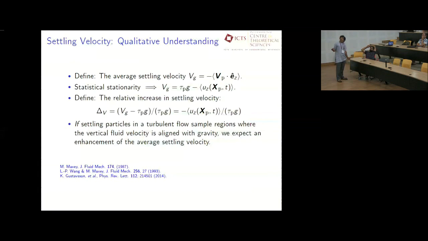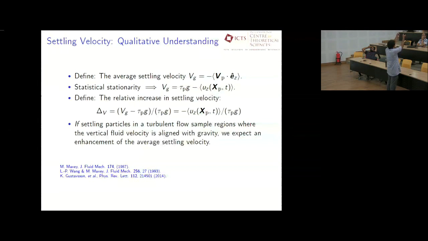Now, if I go back to that rather simple equation of the Stokes model, one can actually try to compute what the settling velocity is. The first bit, there is no cheating at all. So if tau p is the time scale of the particle, then if there was nothing else, the particles would fall with tau p g, right?